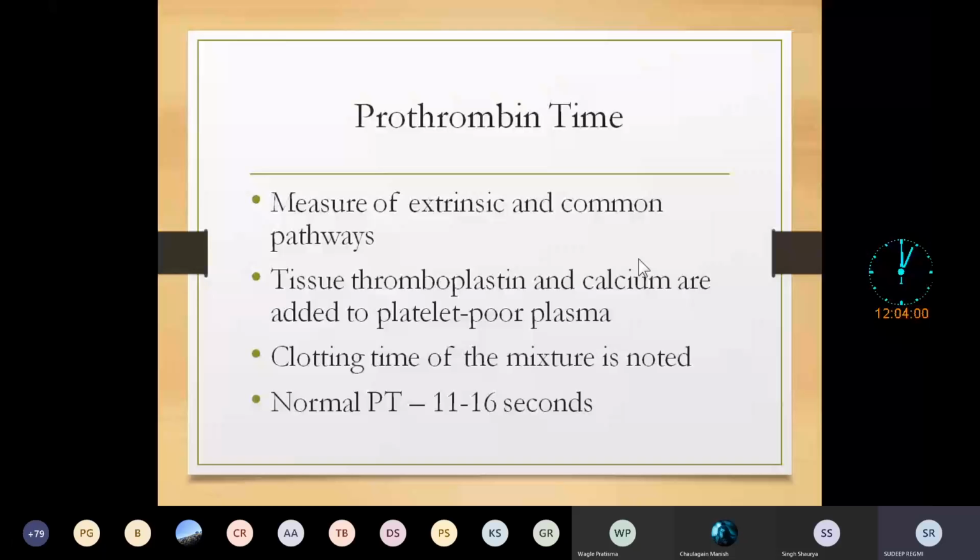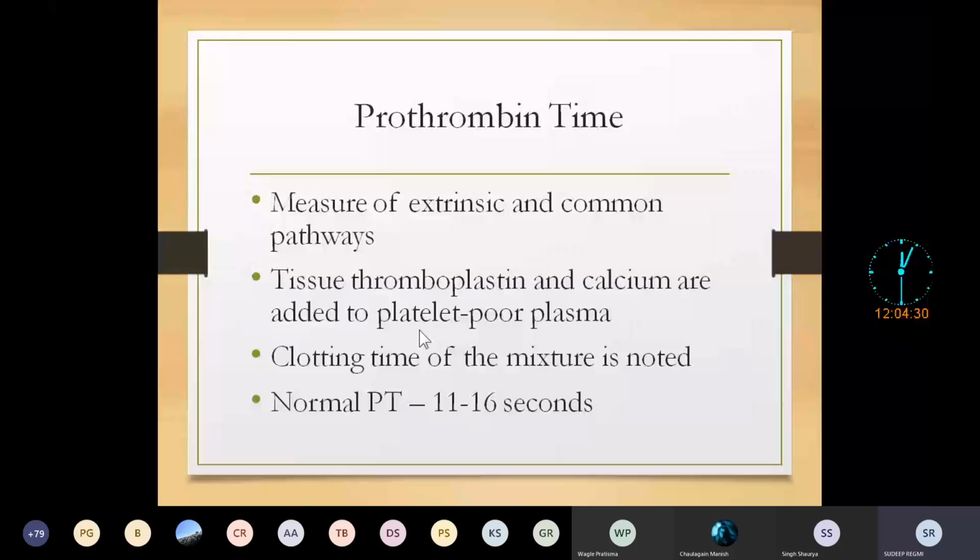Why platelet poor plasma? Because platelet is a very important factor for the primary hemostasis. So there can be a false positive result due to the presence of this platelet. There can be presence of the primary hemostasis aggregation, so we can think that that is the presence of a clot.